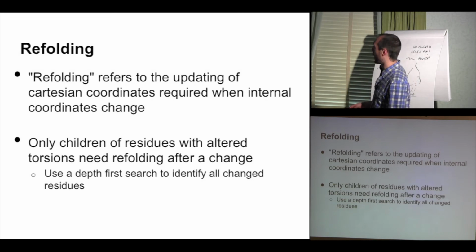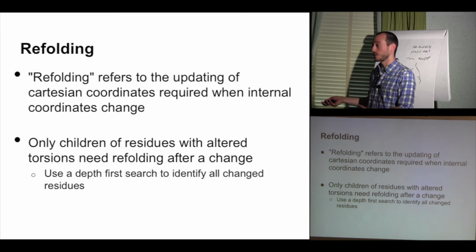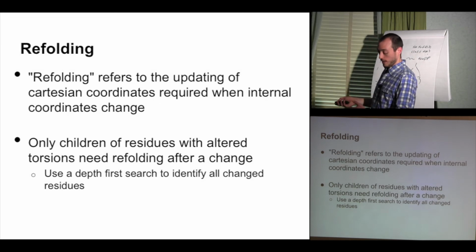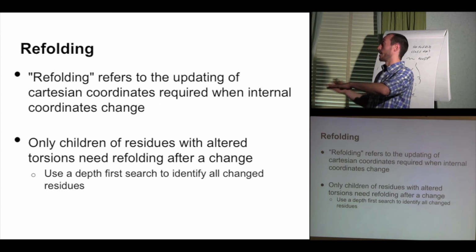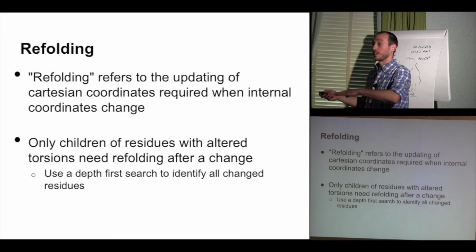Okay. And so refolding, which Andrew talked about earlier, refers to the updating of Cartesian coordinates when internal coordinates are changed. You only need to update the coordinates that are downstream from you in the tree.